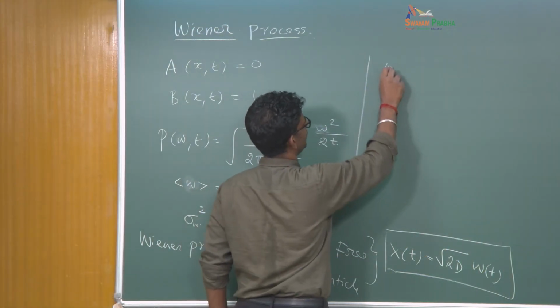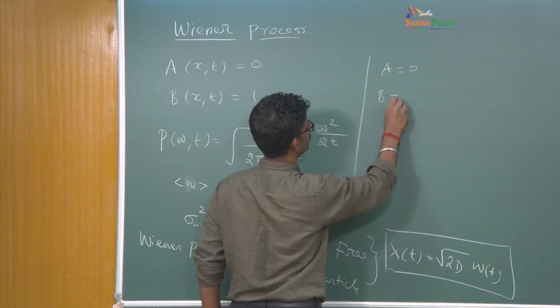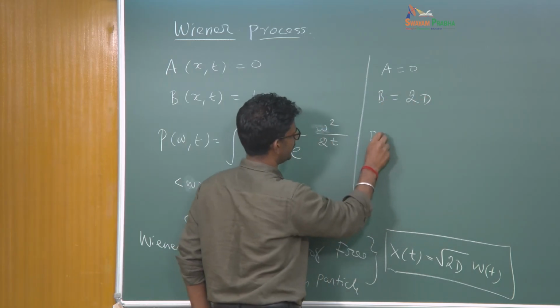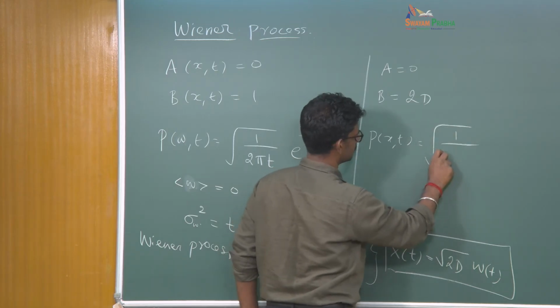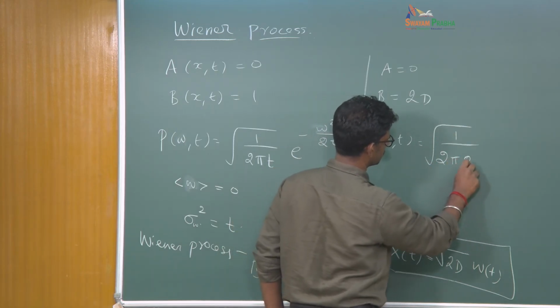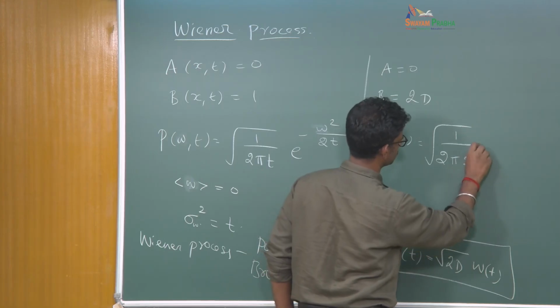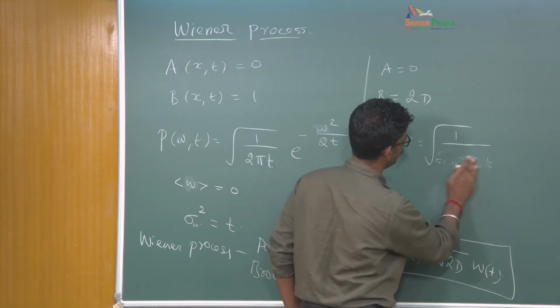If you were to choose a as 0 and b as 2D, you will get p of x comma t, or basically 4 pi Dt.